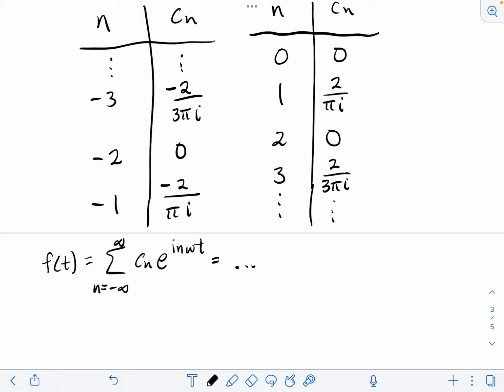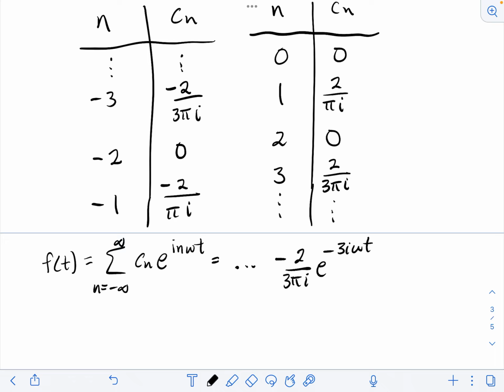C minus 3 is minus 2 over 3 pi i, times e to the minus 3 i omega t. Then the minus 2 term just vanishes, it's 0.